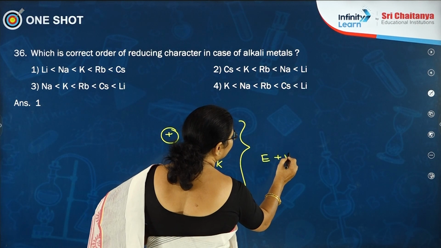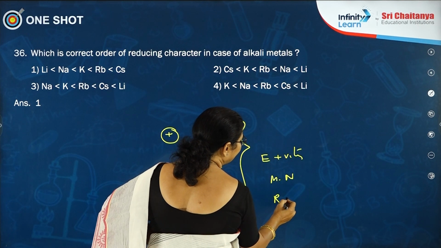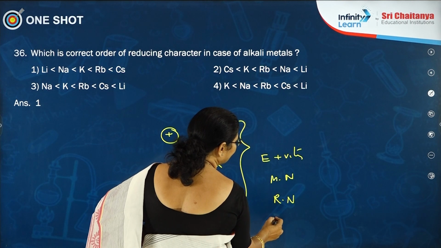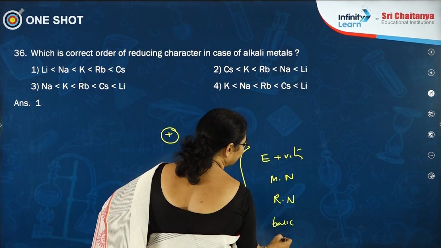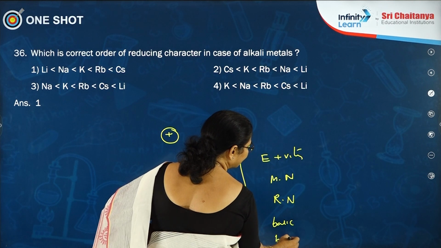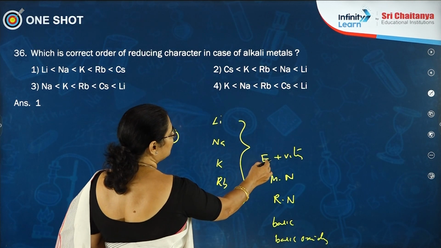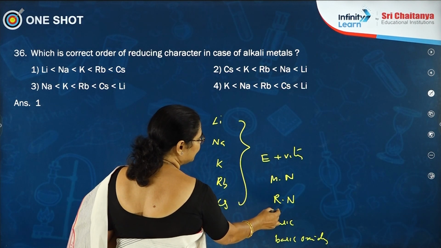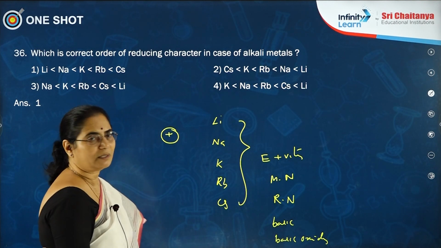Electropositivity increases, metallic nature increases, reducing nature increases, basic nature of oxides increases, they form basic oxides. See, all these properties increase: electropositivity, metallic nature, reducing nature, basic nature of oxides.